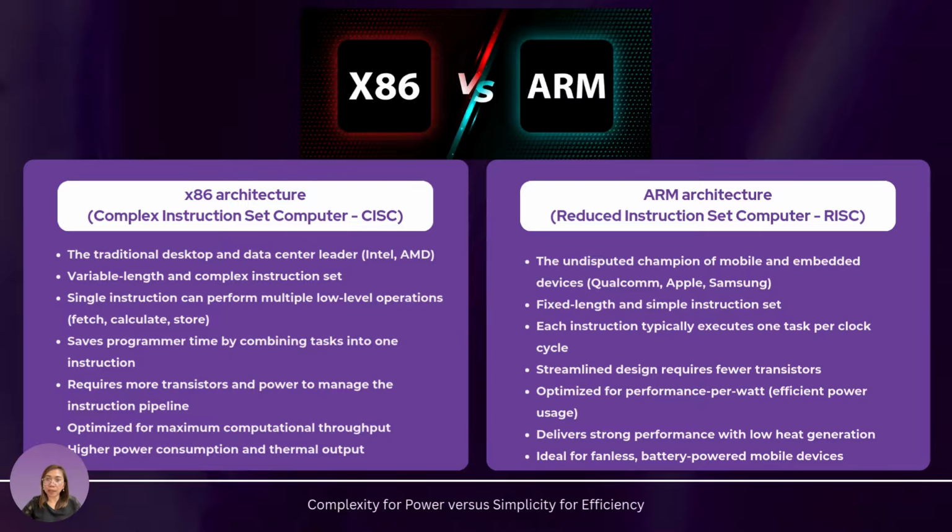ARM is optimized for performance per watt. It delivers great performance while conserving battery life and generating minimal heat. This makes it ideal for fanless and mobile devices. So when we talk about CISC and RISC, it's like saying complexity for power versus simplicity for efficiency.